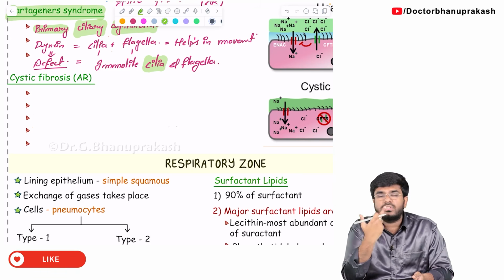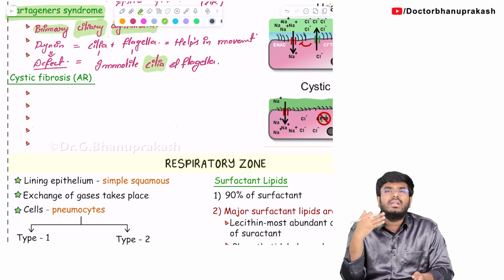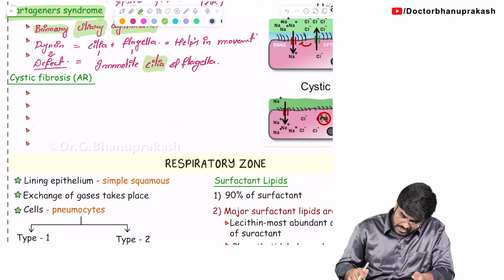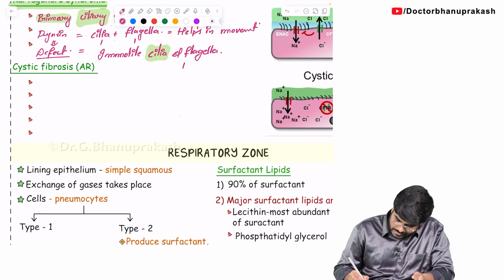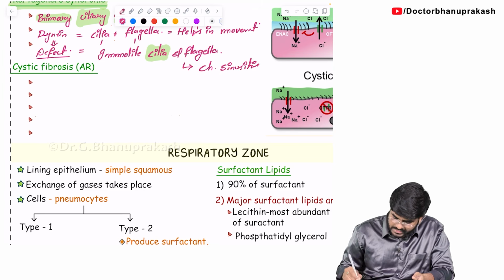The mucus will block the paranasal sinuses. So, these patients will have certain clinical features, like chronic sinusitis.